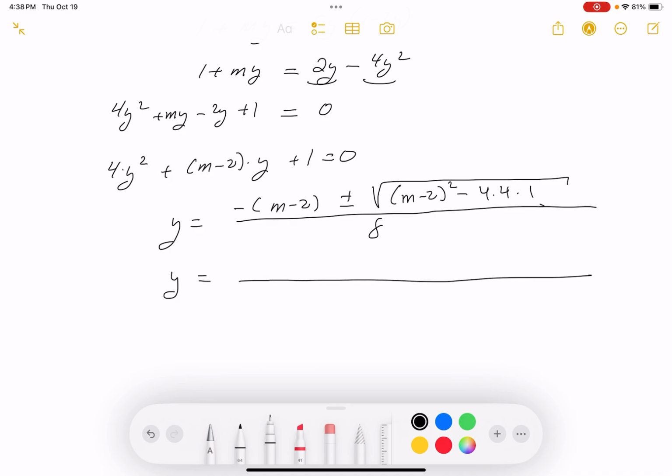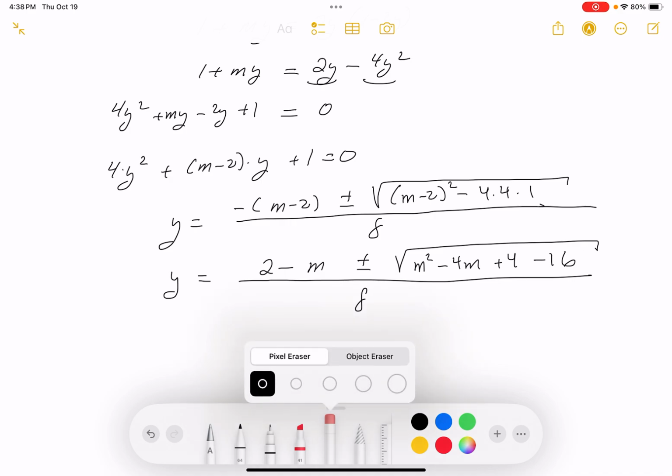This will be 2 minus m, plus or minus, and I've got to do it inside that radicand. It's really just m squared minus 4m plus 4 minus 16. I'm going to pull the 4 and minus 16 together, and that would give you minus 12.